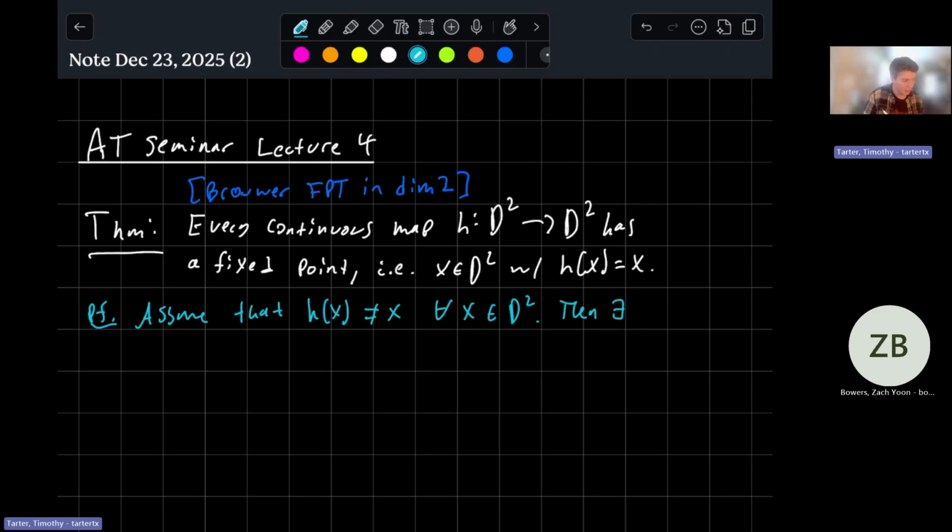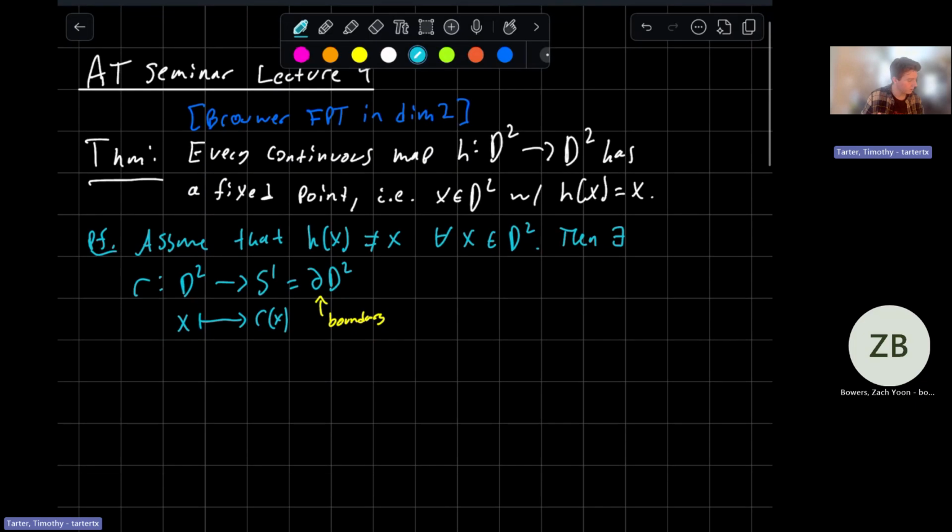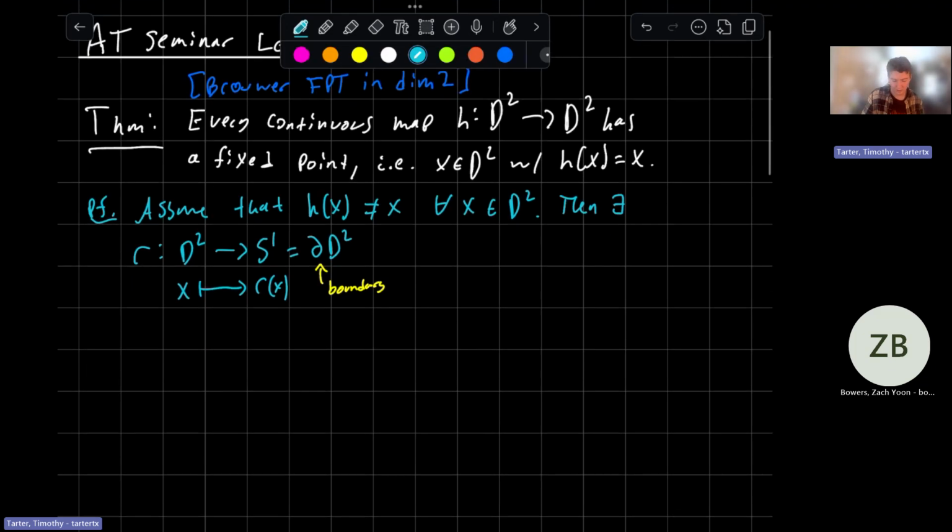Then we can define a map r from the 2-disk to its boundary, and I'll just go ahead and start by saying that this notation means boundary, with r of x mapping things to their spot on the boundary.